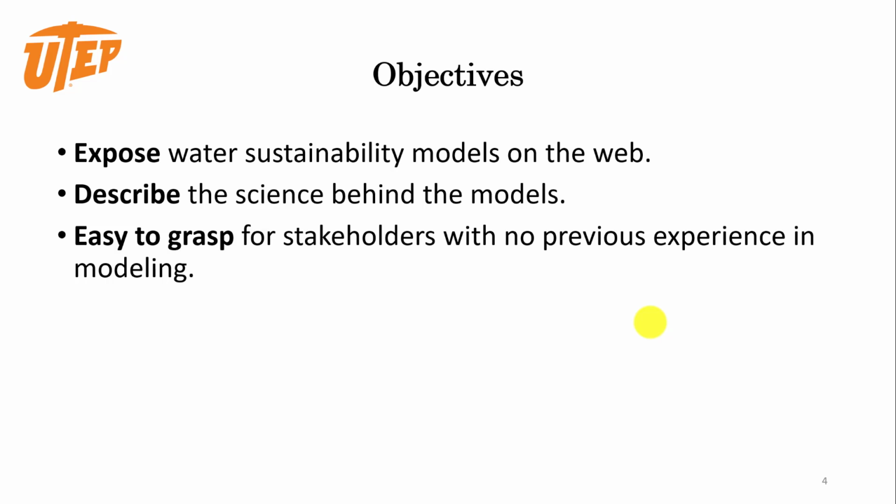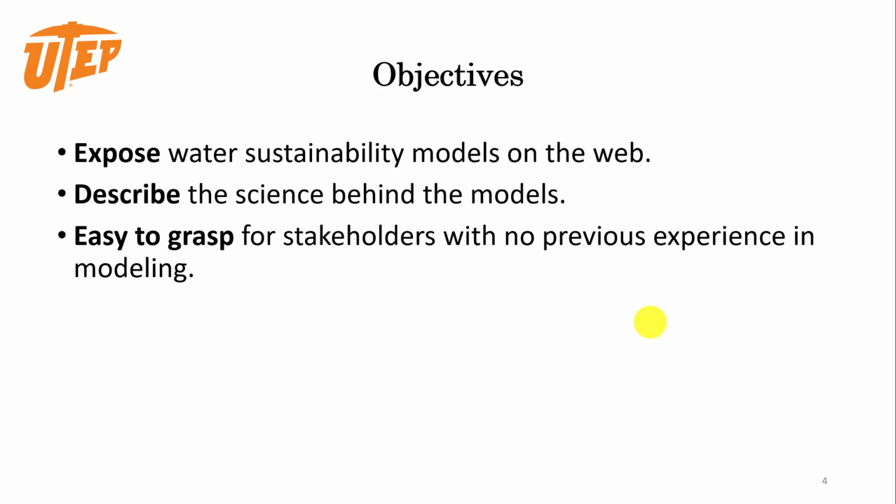Now, some of the objectives in the project. Our main one is to expose water sustainability models on the web. And we also want to help users to interpret these models by explaining and describing the science behind the models. And a very important thing is that all of these online models should be easy to grasp.